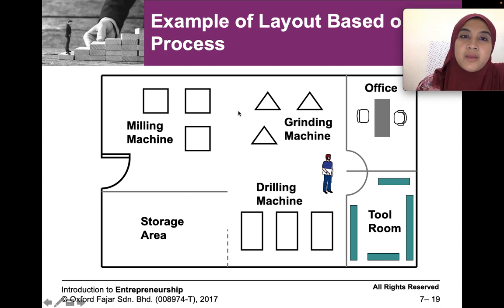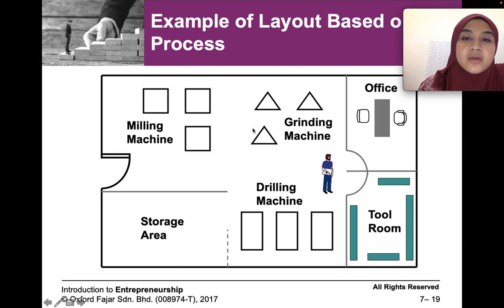This is what we mean by the layout based on process, whereby there is no sequence, there is no flow of production, but the company will group the machines according to the similar function.